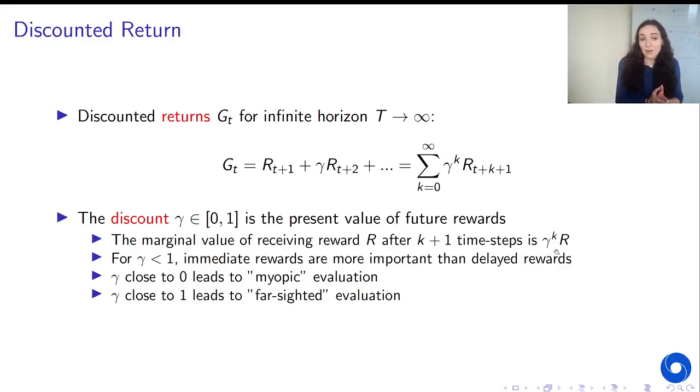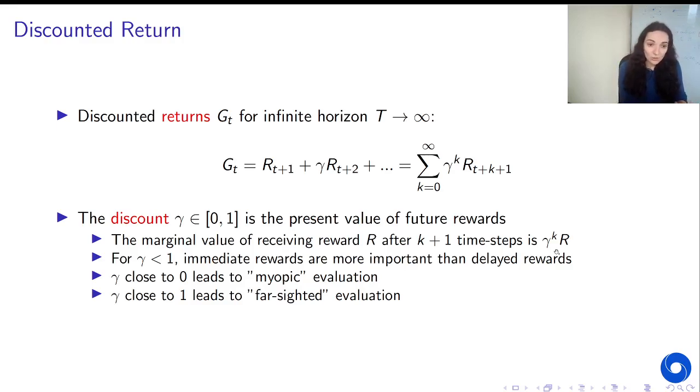Remember, this is a number that is less than 1, so immediate rewards will have a higher weight on this return than delayed rewards. For instance, if you put gamma to 0 in this expression, you would see that the return in this particular example is just the immediate reward.